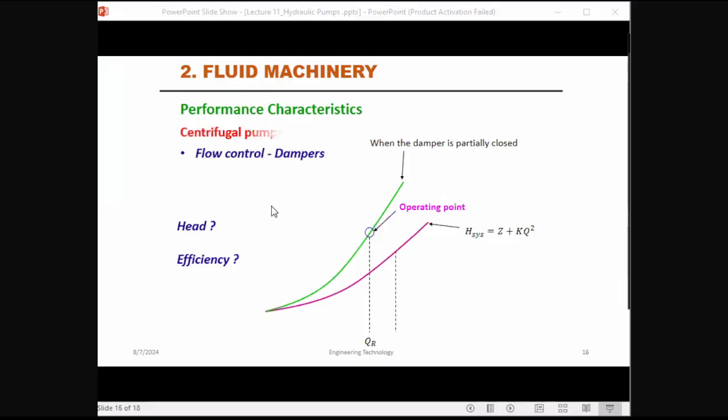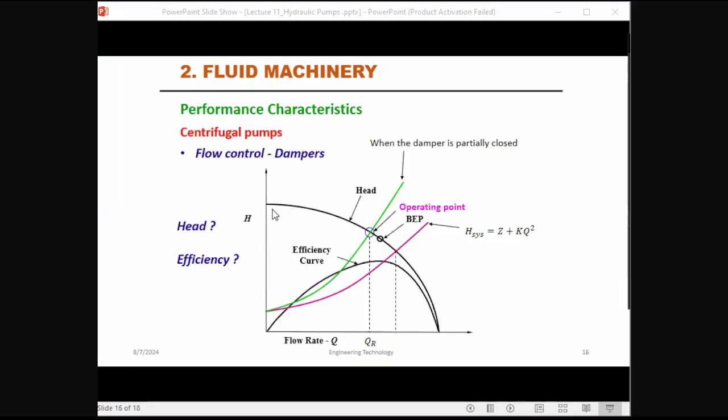Okay, then in this case, you can identify the flow controlling process done by using a damper. When you use the damper to control flow, the graph will shift to this position.